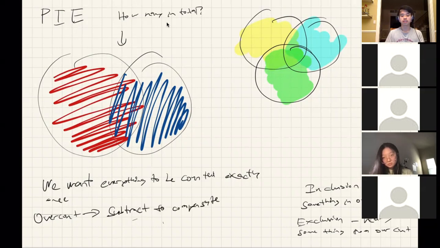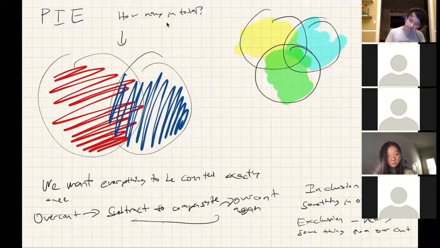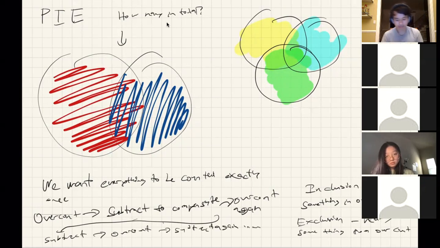But sometimes when it comes to the principle of inclusion and exclusion, we overcount and subtract to compensate, then we've undercounted something, so now we have to overcount again, then subtract, then overcount, then subtract again, and so on.